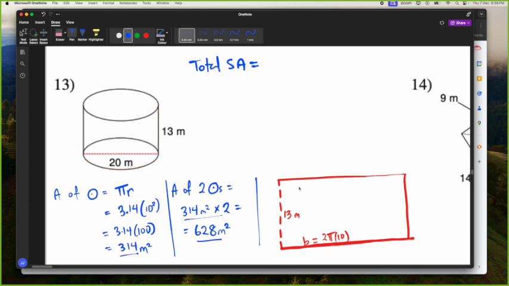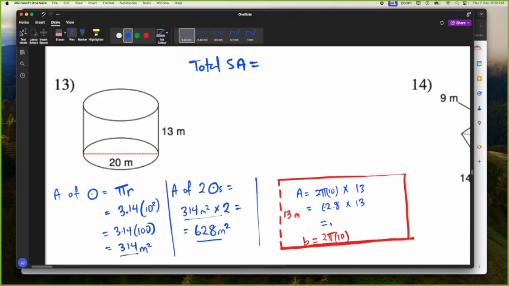So what do we have here now? We have the area of this part being the base, which is 2 pi times 10, multiplied by the height, which is 13. So 2 pi is 3.14 times 2 times 10 is 62.8, multiplied by 13.